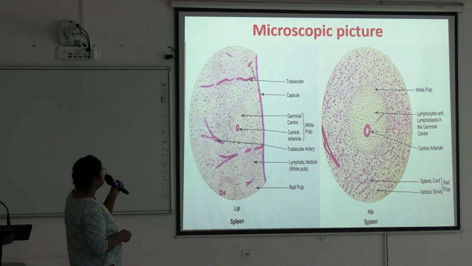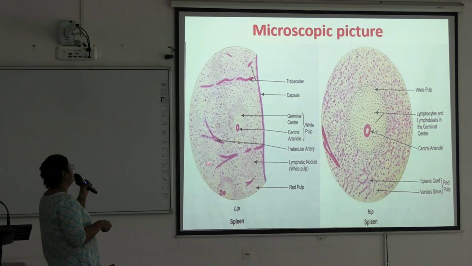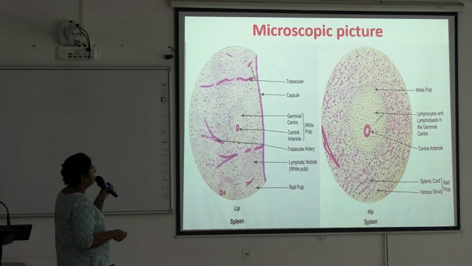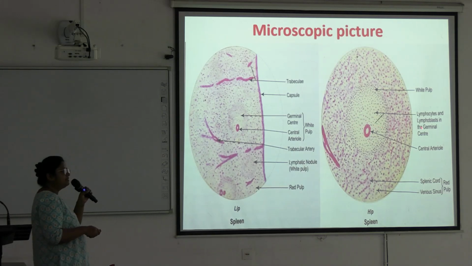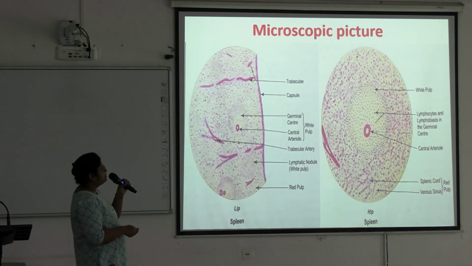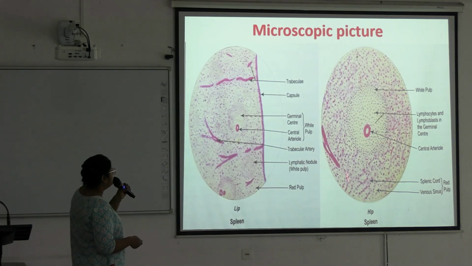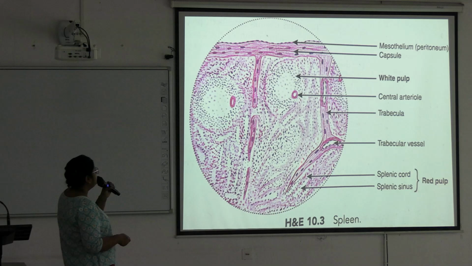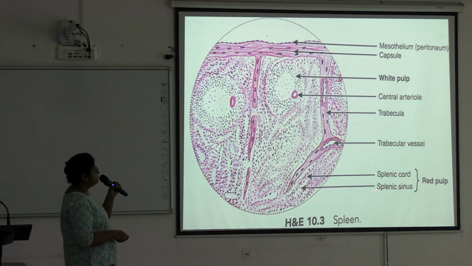Here you can see the capsule, from here trabeculae arising, and trabecular vessels. This is white pulp, here is the red pulp, and one white pulp is shown in enlarged view here. Central arteriole in eccentric position, germinal center formation, and periarteriolar lymphatic sheath. Here the red pulp is formed by the splenic cords of Billroth and splenic sinuses, sinusoids mainly.